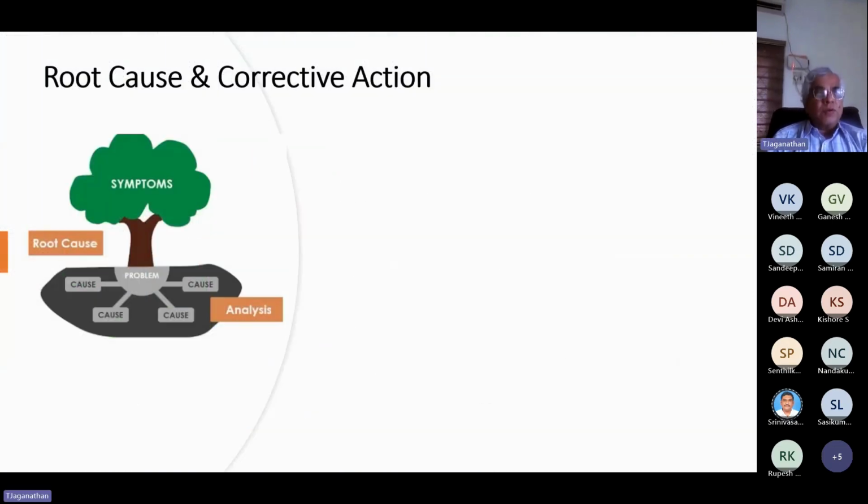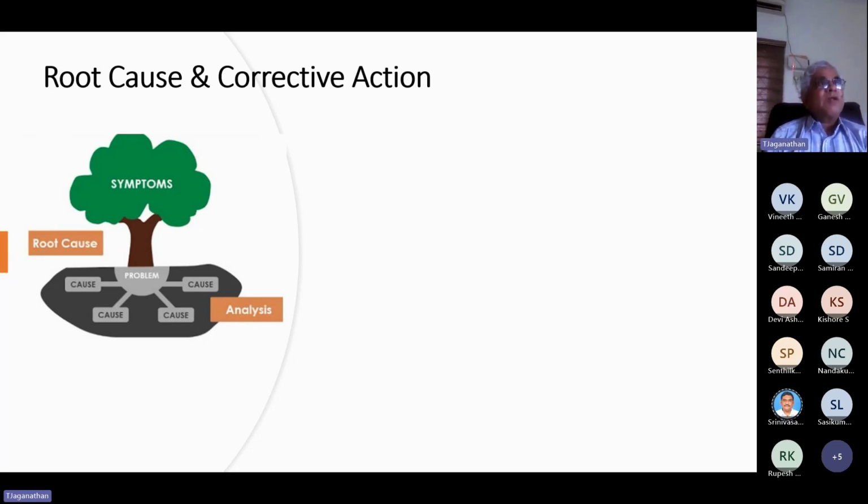That is why it is called root cause. Don't just go by what you see. For example, the incident is that the server has crashed. On the face of it, the hard disk has failed, or the database has corrupted, but that is only a symptom. The root cause you have to find out. The root cause could be that power has fluctuated.